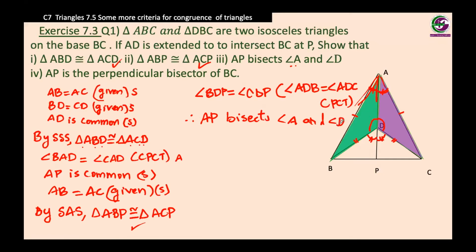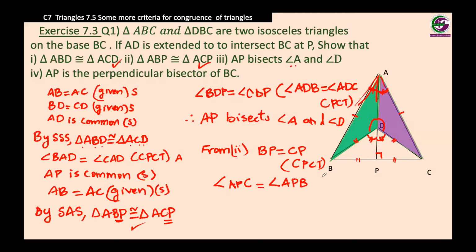Okay. Now the next part we have to prove is to show that AP is the perpendicular bisector of BC. From part 2, BP is equal to CP because corresponding parts of congruent triangles are equal, which means they are bisected. And also the angles are equal, so it is 90 degree. Angle APC is equal to angle APB because they are congruent, again CPCT.